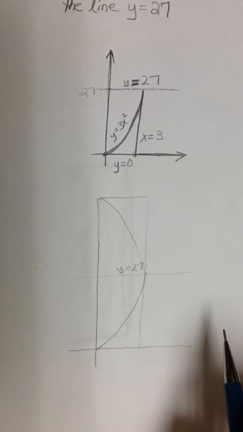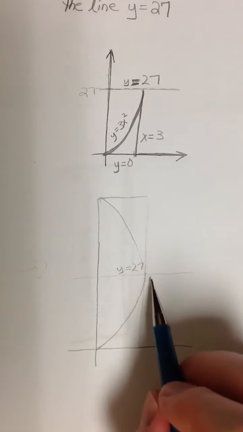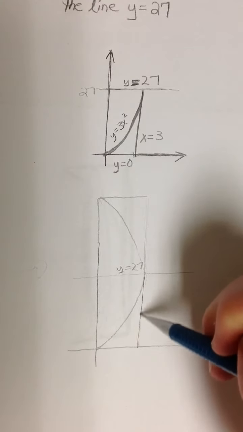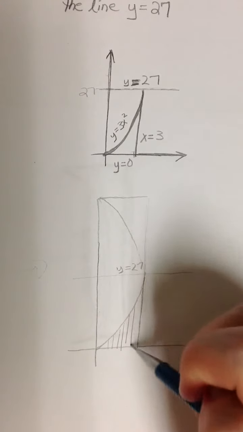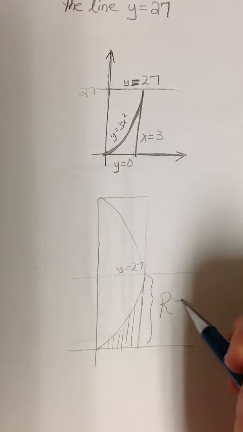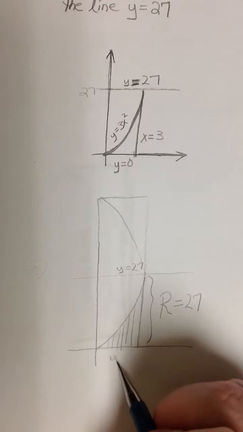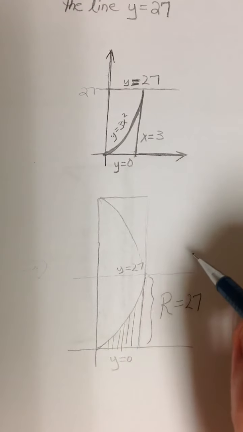And so in terms of the radius itself, think of the outside radius. For this triangular region, the radius is going to max out at 27, connecting the base y is equal to 0 to y is equal to 27.